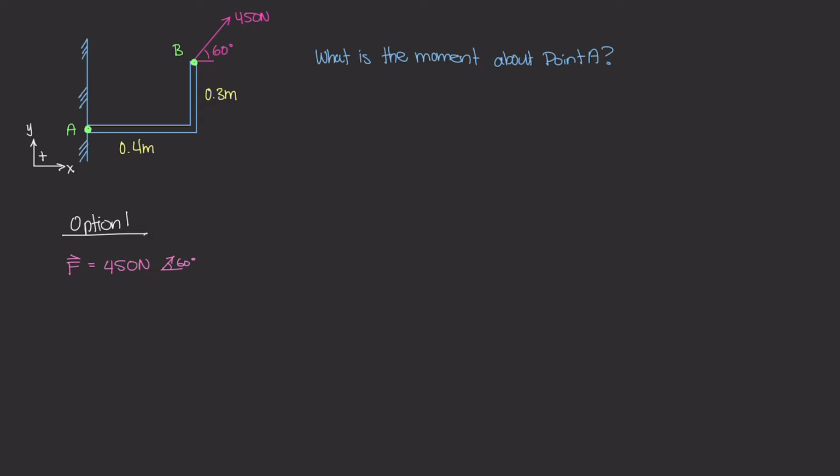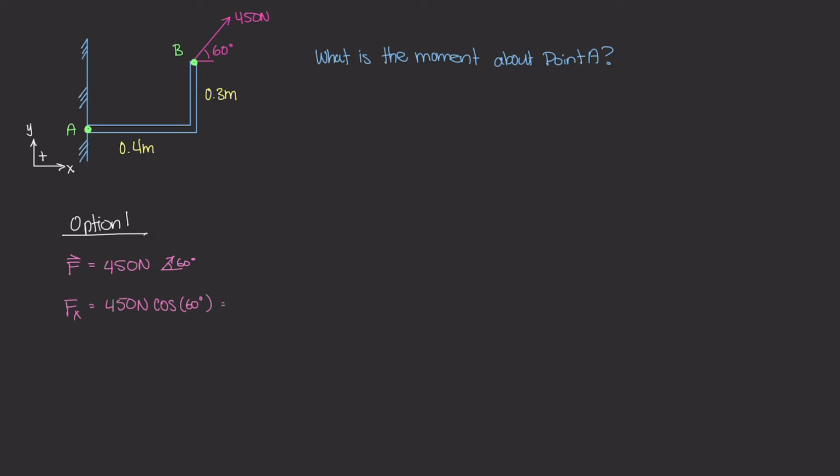Okay, so how do we figure out the x and y components of this 450 newton force? Well, this right here is the hypotenuse of a right triangle, and the sides are the x component and the y component. So for the value of F_x, that's simply going to be the hypotenuse, which is 450 newtons, times the cosine of that 60-degree angle.